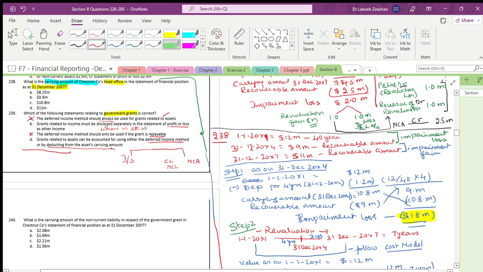Either you can use it as deferred income, or deduct it from the carrying amount of the asset; literally, both will have debits and credits at the appropriate level. So whenever you have grants, you have the option: either use it as deferred income, or every year, subject to usage, deduct it from the carrying amount of the asset. The treatment is the same here. There is no second thought on this. Okay.